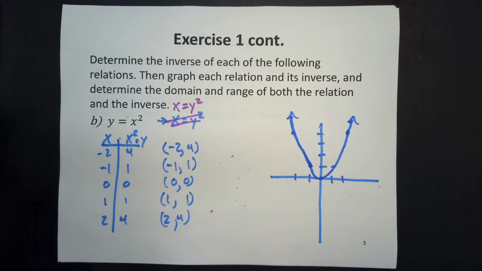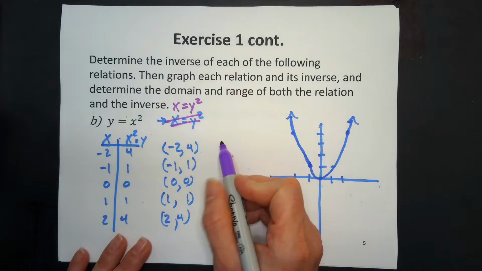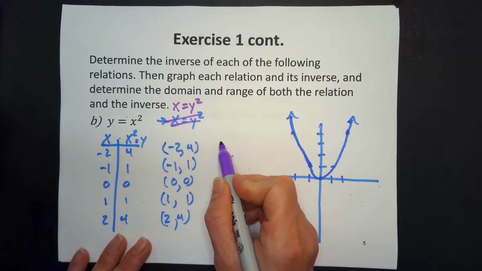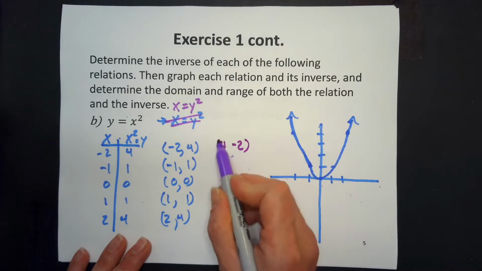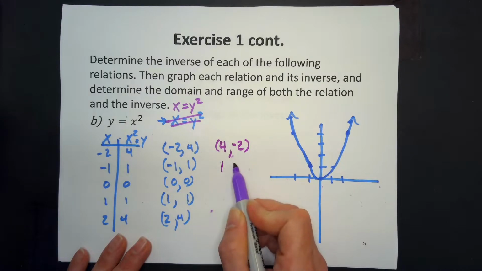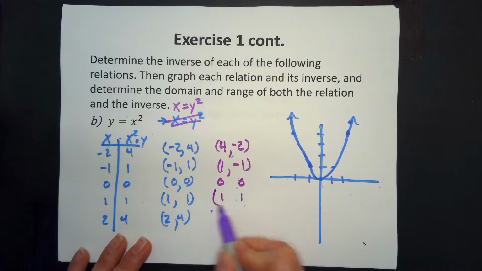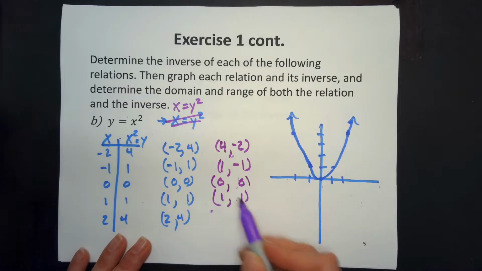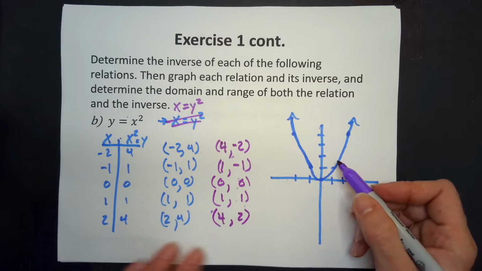And so the easiest thing to do is just switch these points to the inverse and just say, I'm going to switch my domain and my range. So I'm going to take 4, -2, 1, -1, 0, 0, 1, 1. And notice those don't switch because those are the same numbers. 4, 2. So I'm going to graph these points now.